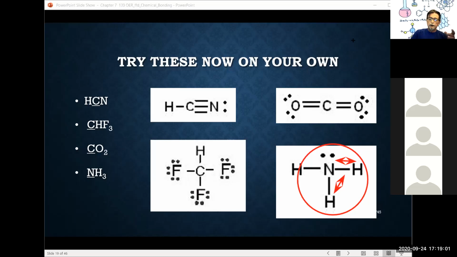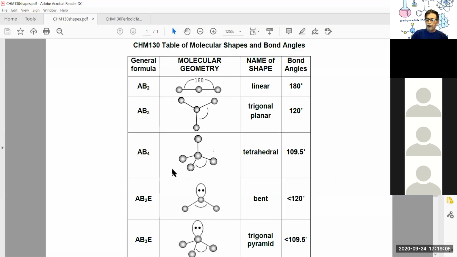Well, when you had the tetrahedral, the AB4, you might have all 4 polar bonds going in a direction away from the central atom. You can make those all fluorines, or all chlorines, or 4 bromines. Those are polar bonds between the carbon and the halogen.